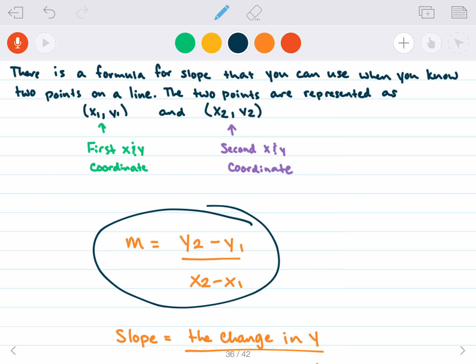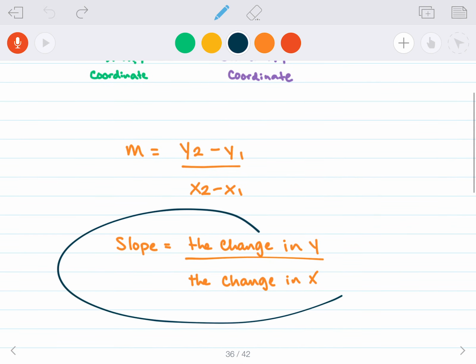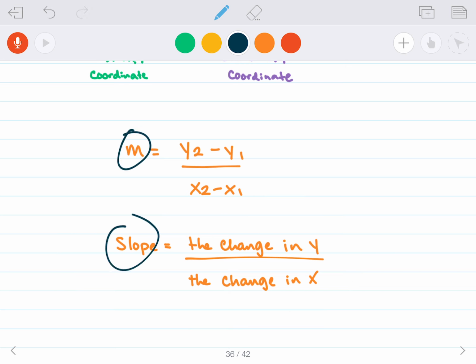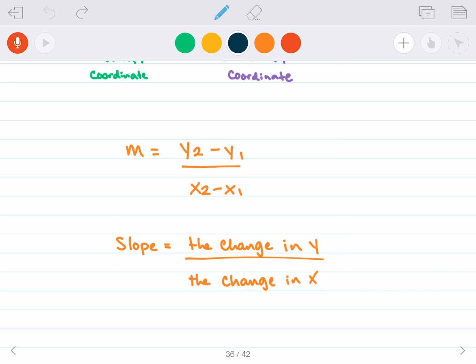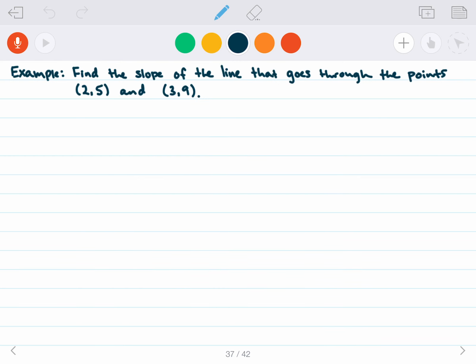So we just subtract the y's over the x's. And then this is how we say it in words. We say the slope, which is m, is equal to the change in y. That means y2 minus y1, divided by the change in x. That's x2 minus x1.